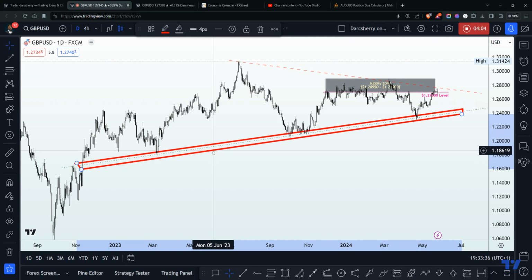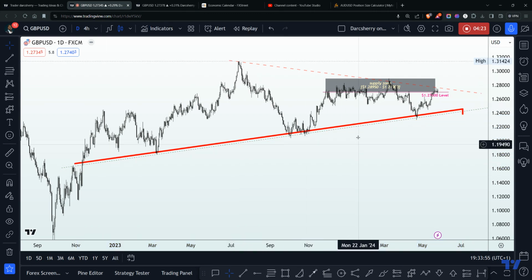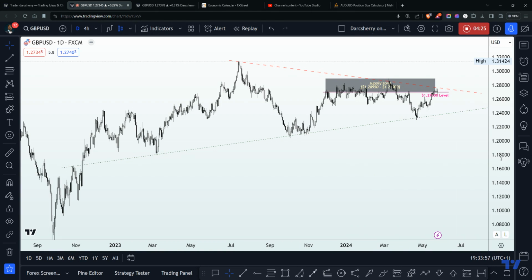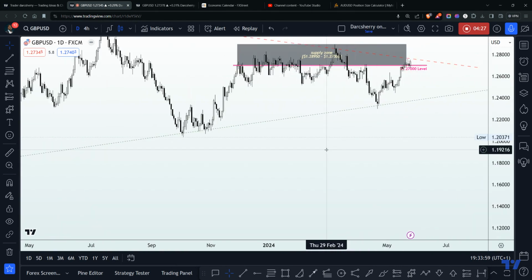Now, if we look closely into the structure, despite the fact that price action has been finding higher lows, suggesting a strength in buying power in this market, you would notice that since the month of July 2023, price action has been finding a series of lower highs.